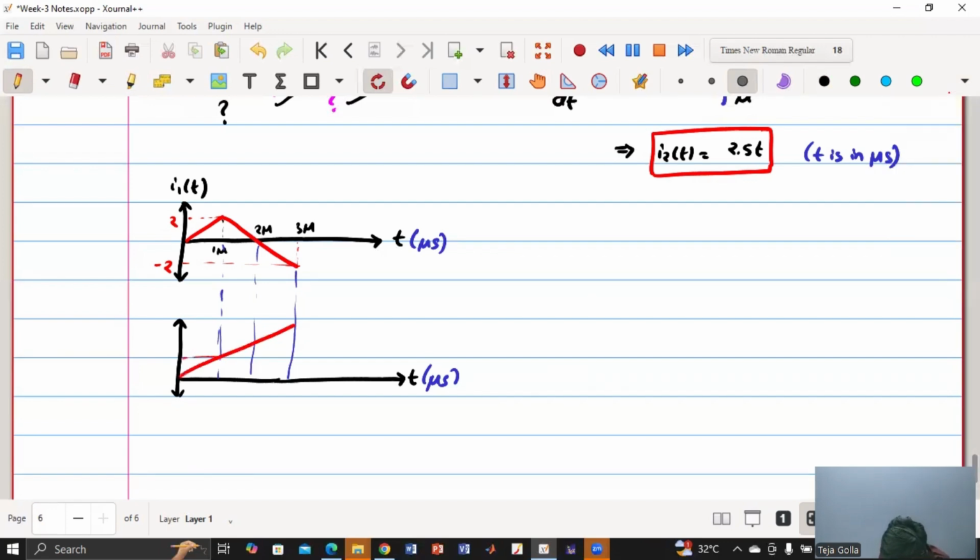This point, and this point. So this point is 2.5, this point is 5, this point is 7.5. Agree? We'll go back to that point, but let us not skip that part and we'll just see. Agree?